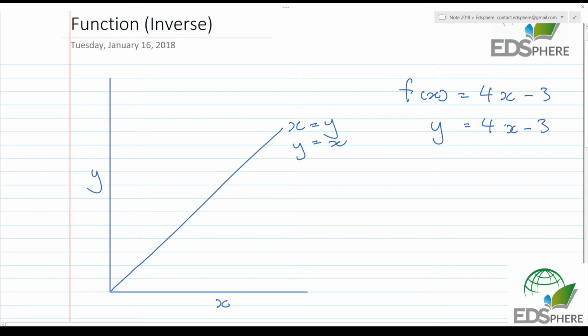Remember, the inverse function is when x equals y and y equals x. So what I'm going to do is flip the x and the y over just like that, because I want to find the inverse. Y becomes the x, x becomes the y.